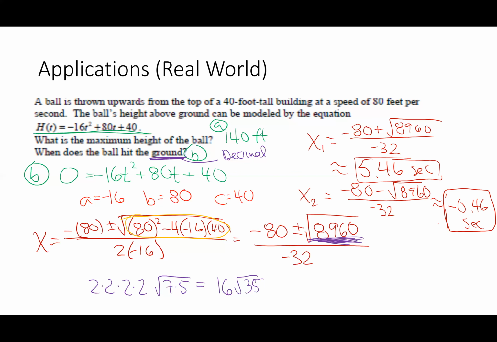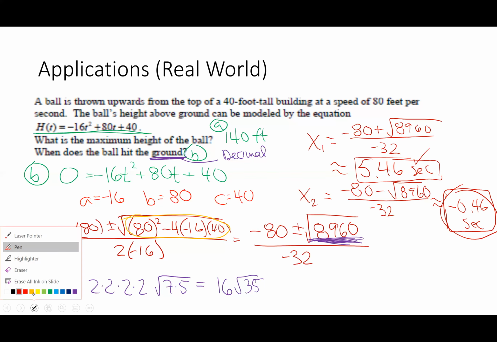Wrong. Think about this. 5.46 seconds, that makes perfect sense. After 5 and roughly a half a second, the ball hits the ground. Fine. What is going on here? At negative half of a second, it hits the ground? That's silly. Just because we got an answer, that doesn't mean it's a solution. So this is actually not helpful.